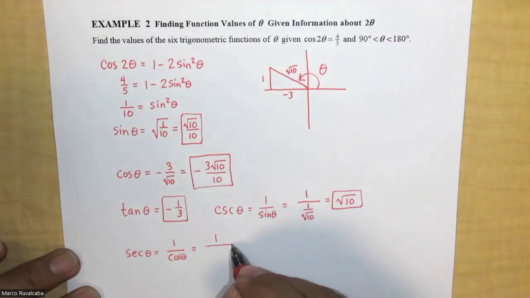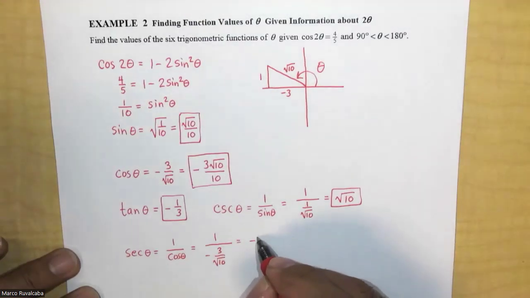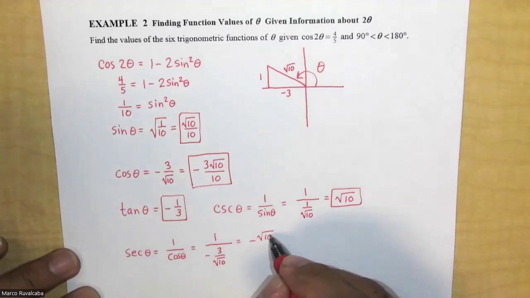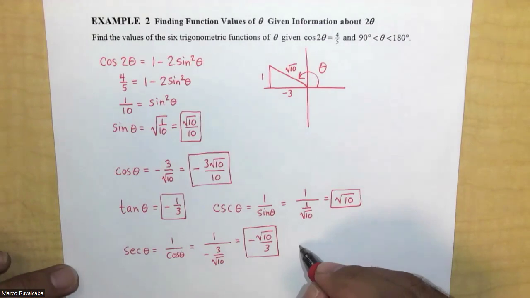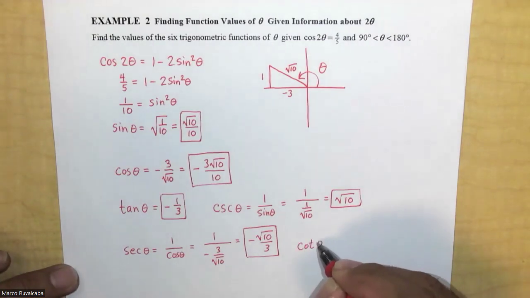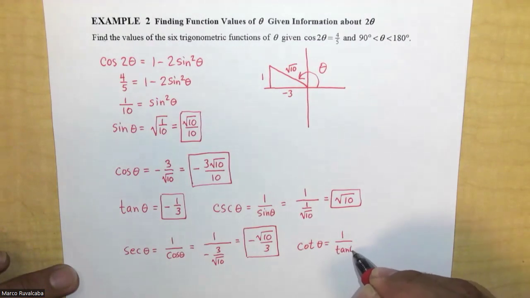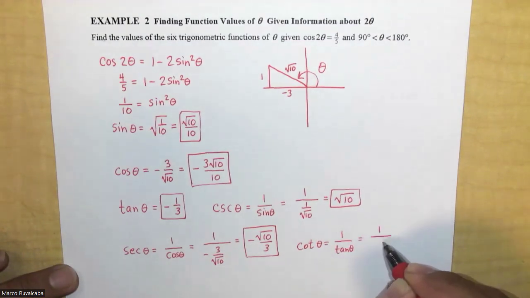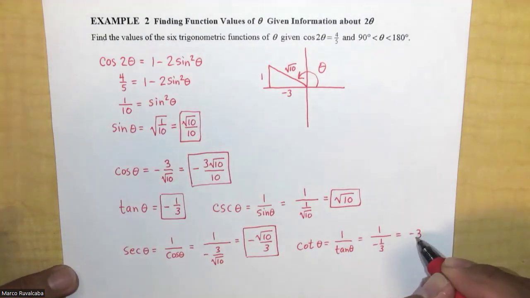And cosine theta was -3 over the square root of 10, which is negative square root of 10 divided by 3. And then finally, cotangent theta is the reciprocal of tangent theta. So it's 1 divided by -1/3, which is -3.